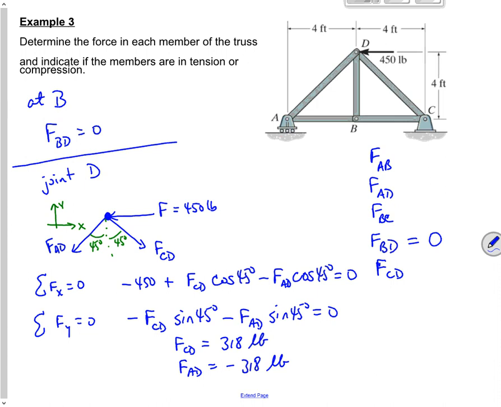So FCD, I'm going to put this in my list: FCD is 318 pounds. And because that's pulling on that joint, that means that member is in tension. FAD is also 318 pounds, but this member is in compression.